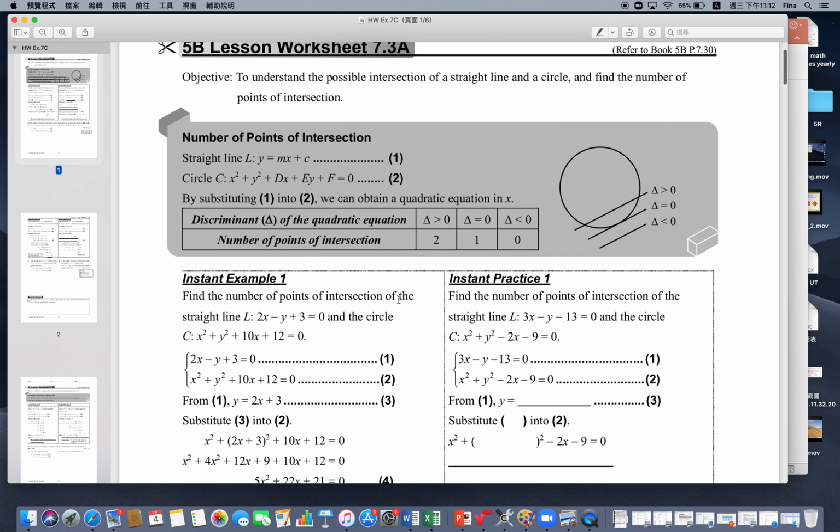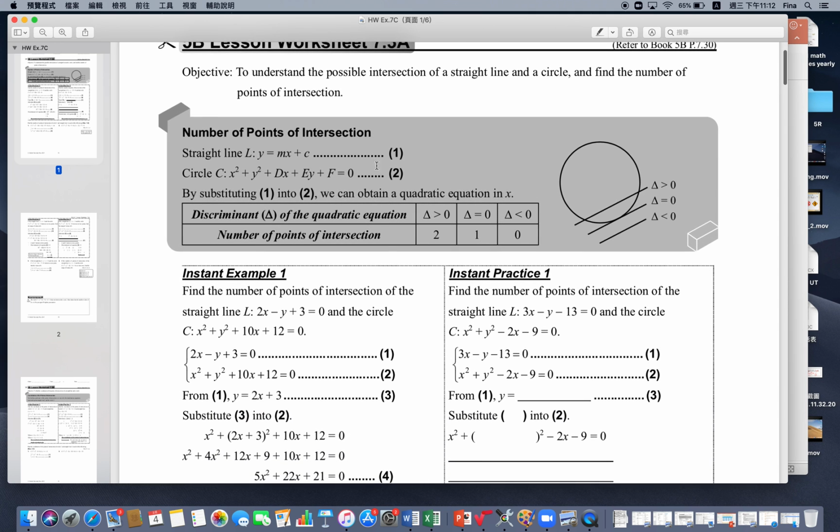First of all, we have the equation of the straight line, which we always call equation 1. The second equation is the equation of the circle, because if there is a straight line and a circle, we have 2 equations.